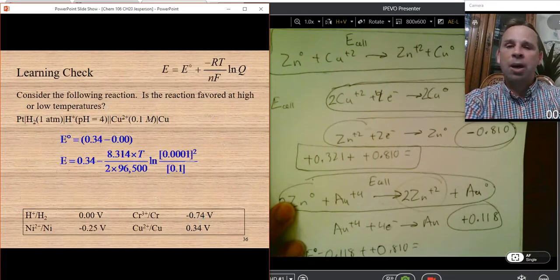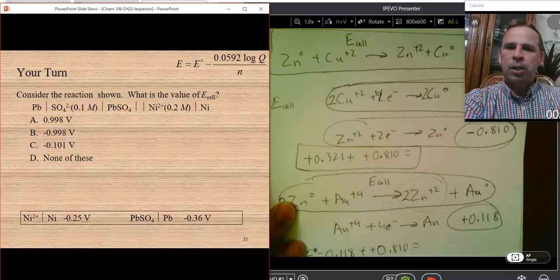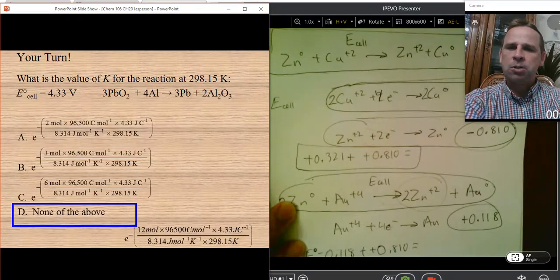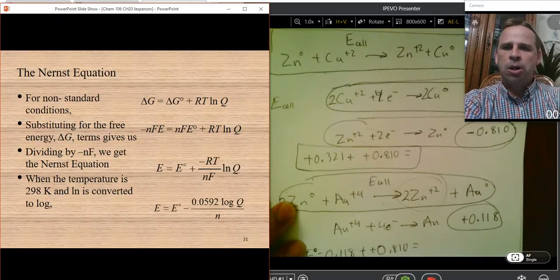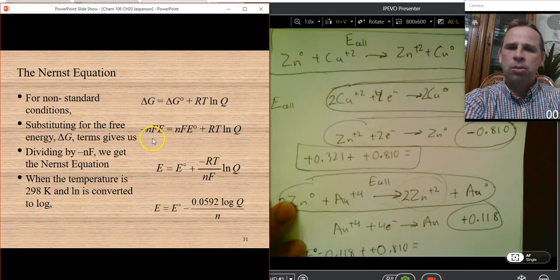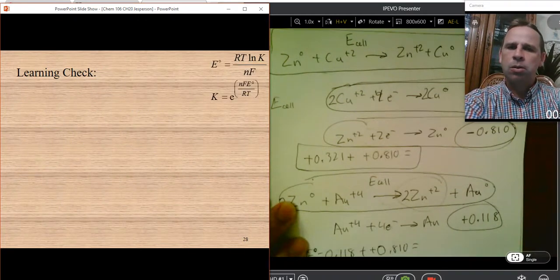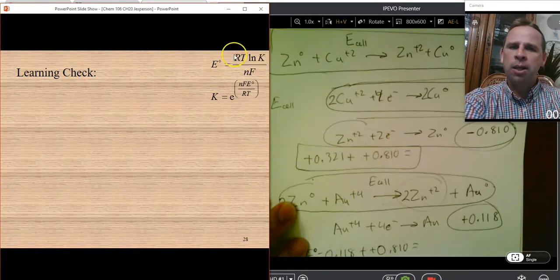We also talked about this relationship here. Our delta G can be related to our E through this relationship where, let's go back one more slide here, E can equal RT ln of K. Negative RT ln of K is our delta G, right?